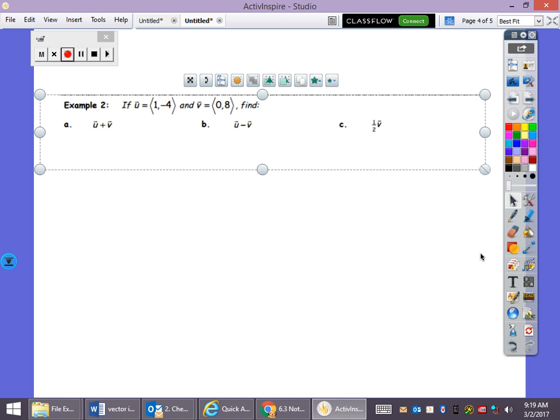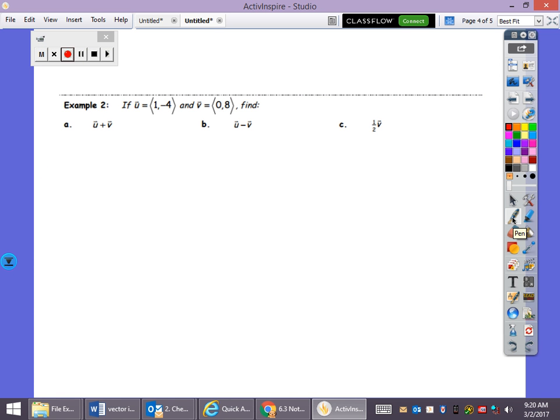All right, I want you to take your best shot at figuring out what u plus v is. Don't overthink it. I want to see what you do first, and then I'm going to reveal the answer. In a minute, I'm going to reveal the answer, and you're either going to clap because you got it right, or you're going to cry because you got it wrong and you're frazzled.